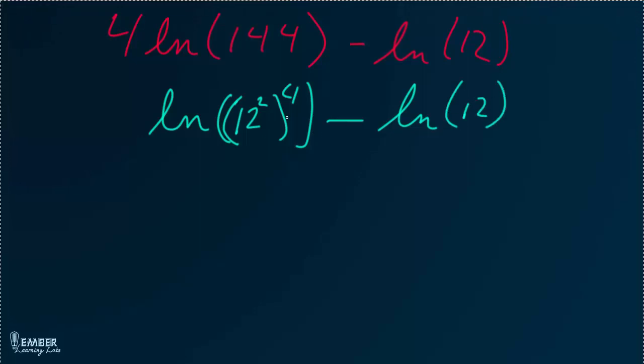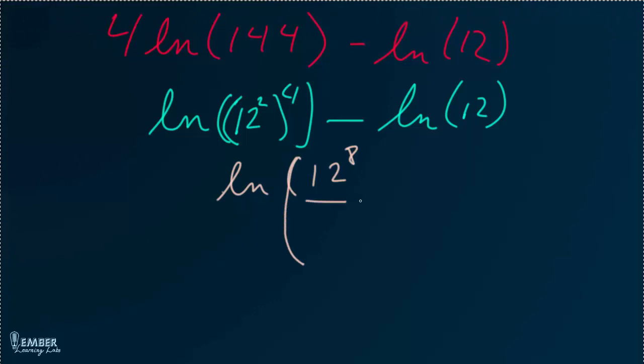All right, so now we've got the quotient rule because we've got common bases, this log minus that log. So we're going to jump on down and end up with the natural log of 12 to the 8th over 12.